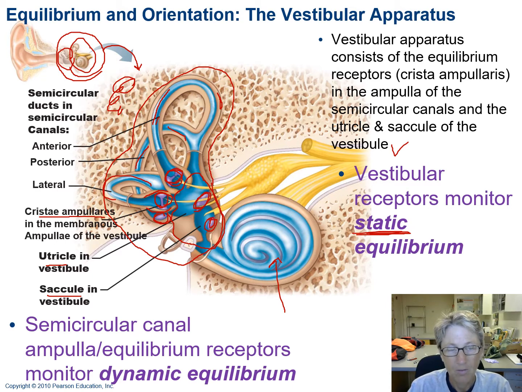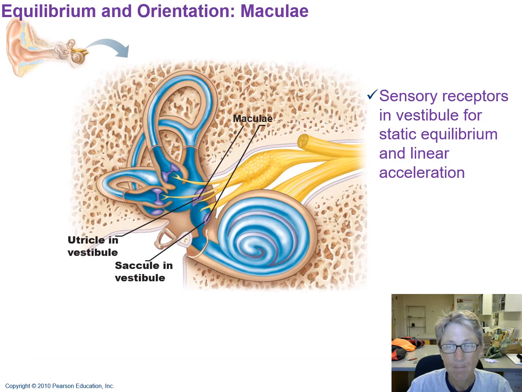Like I just said, these receptors in the ampulla of the semicircular canals monitor rotational and dynamic equilibrium. So dynamic means active movement equilibrium. Static means kind of staying the same equilibrium. I don't think the names for these are very descriptive, but that's what they're called.